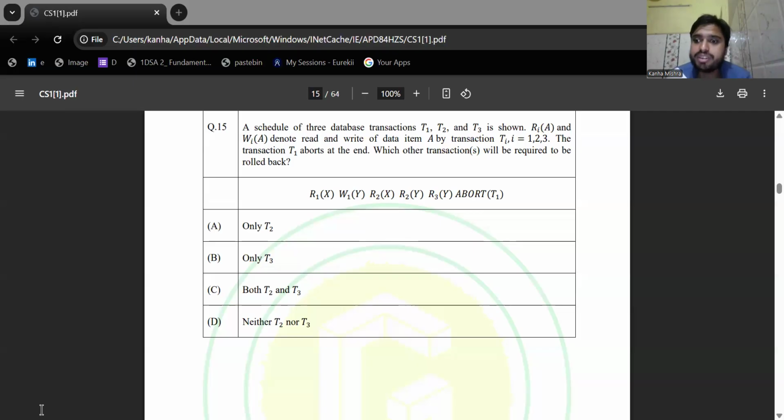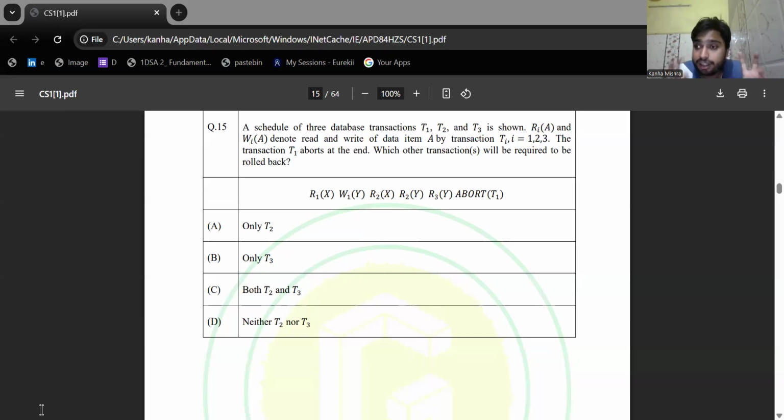A recoverable schedule ensures that a particular transaction commits only after the transaction it depends on is committed. जब तक दूसरी वाली ट्रांजैक्शन जिस पे वो डिपेंडेंट है कमिट नहीं हो जाती, ये वाली ट्रांजैक्शन कमिट नहीं होगी। Otherwise we risk cascading rollback. We risk cascading rollback because we strive to maintain consistency. ये बहुत इंपॉर्टेंट चीजें हैं। मैं दोबारा बोलता हूँ, until and unless one of the transactions is committed, another one which is dependent on it will not commit.